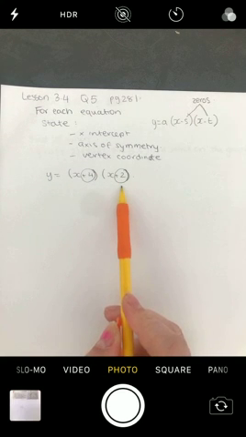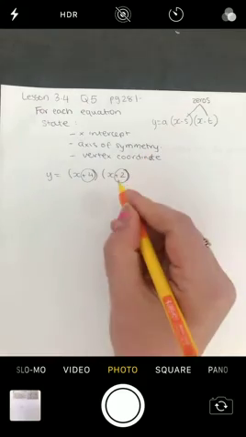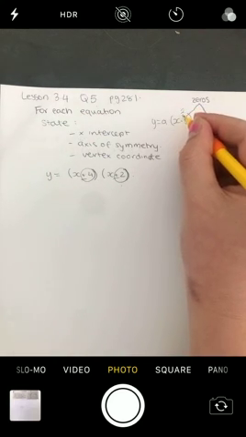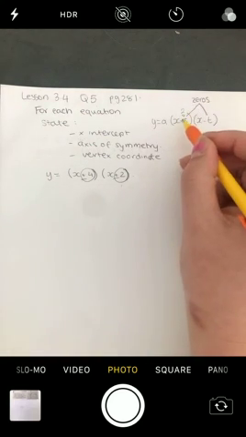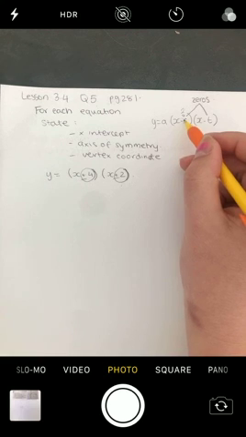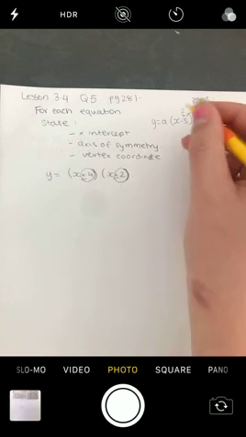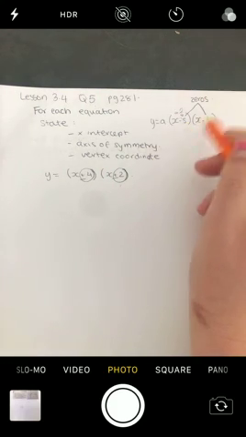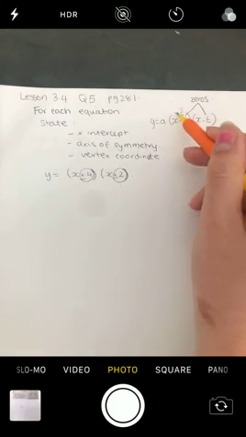However, we have to also look at the sign that is in front of them. Because if I was to put a positive 2 into this equation here, the sign would be negative. However, if I was to put a negative 2 into this equation, the sign would become positive, because a negative and a negative is a positive.